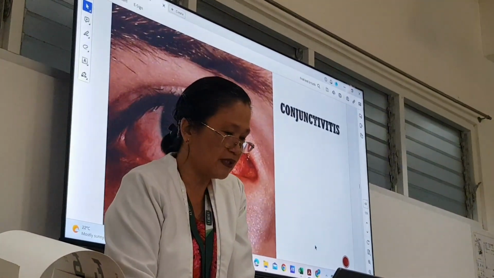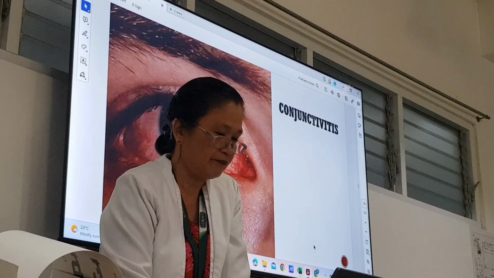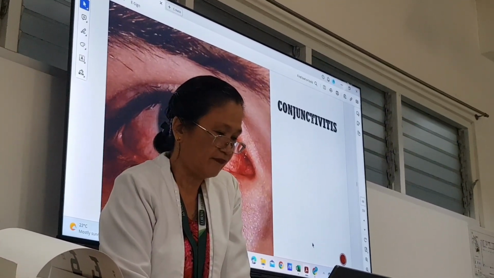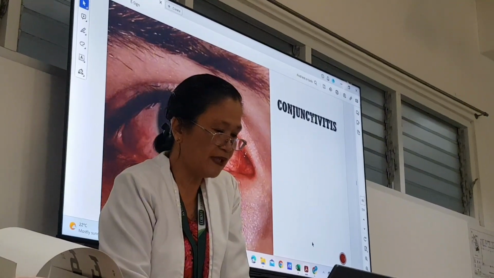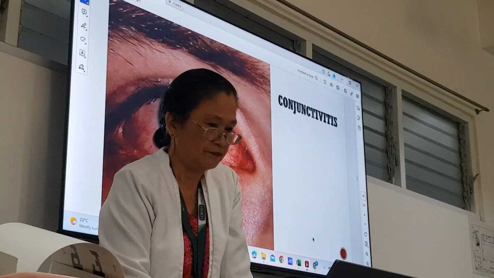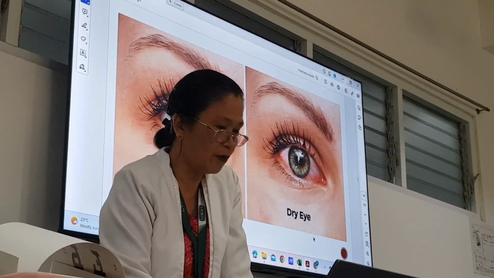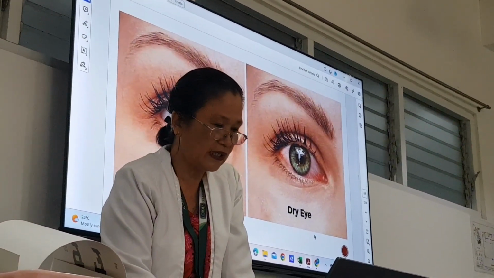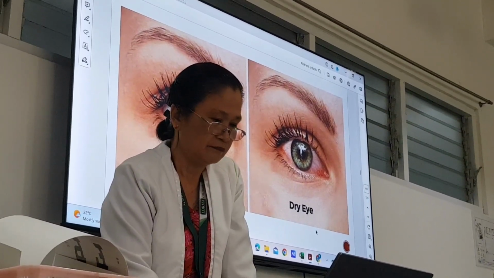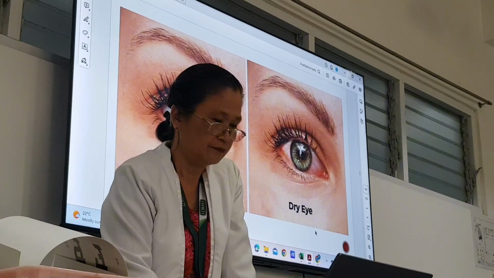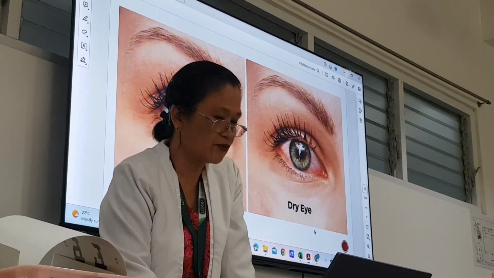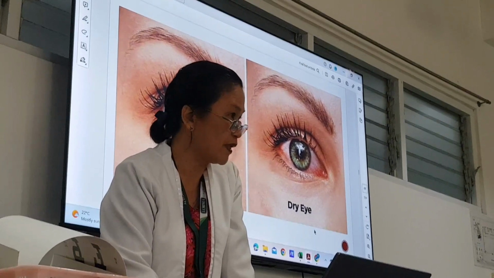Yan, ang ating conjunctivitis. As you can see, pink eye. And yung dry eye, nakikita may redness dito sa kanyang bulbar conjunctiva.